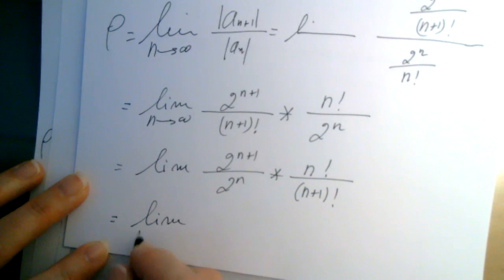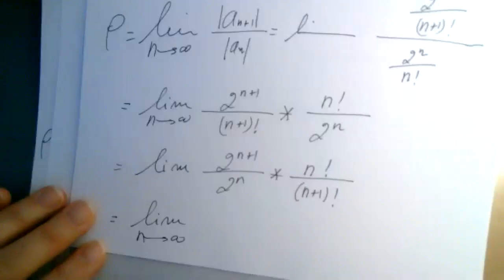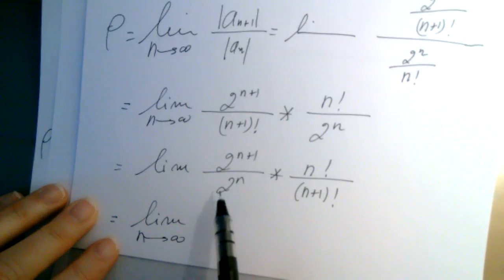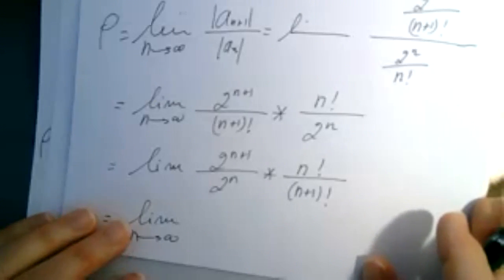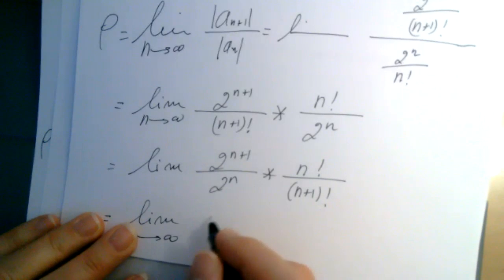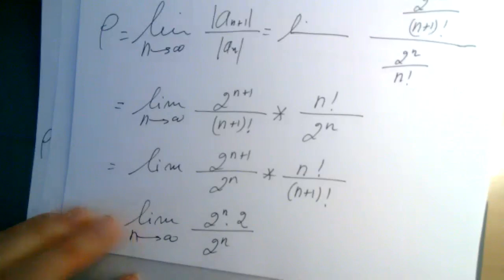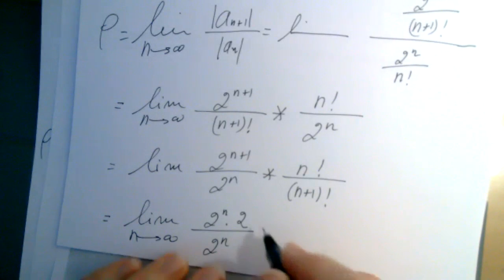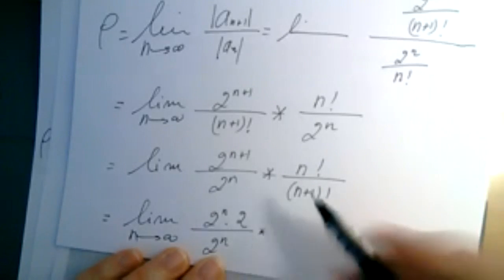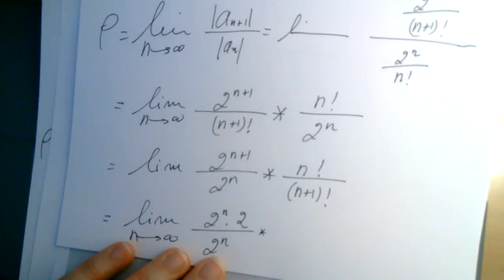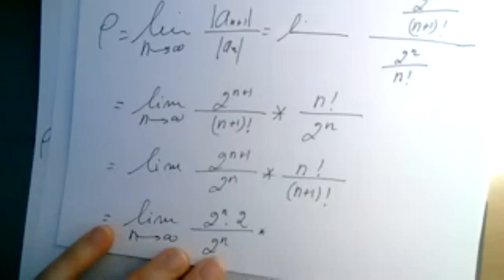So it's the limit as n tends to infinity of 2 to the n plus 1 over 2 to the n. We just saw it a minute ago. So one way, as I said, you write it as 2 to the n times 2 over 2 to the n, so you can simplify. And this, n factorial over n plus 1 factorial, does really look like a nightmare, but it's not.